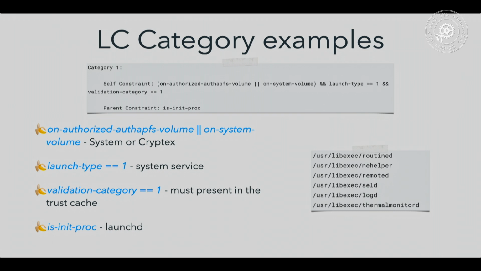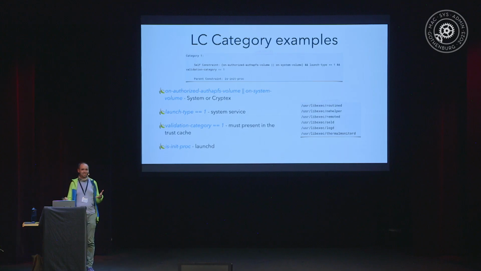This means that the binary must reside either on the system volume, like /system, or on an authorized APFS volume, which I guess are the cryptexes, really, where they store all the dylib cache and all the stuff that can be updated through the RSR, the Rapid Security Response. So the binary has to be there.